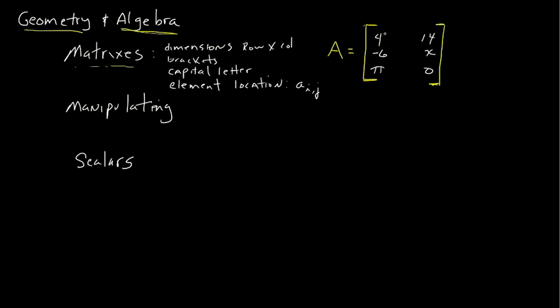First of all, this would be 3 rows: 1, 2, 3 rows. So you count down. This is the way I like to do it because it is defined as rows by columns. So I count down 1, 2, 3, and then over 1, 2. So this would be a 3 by 2 matrix.